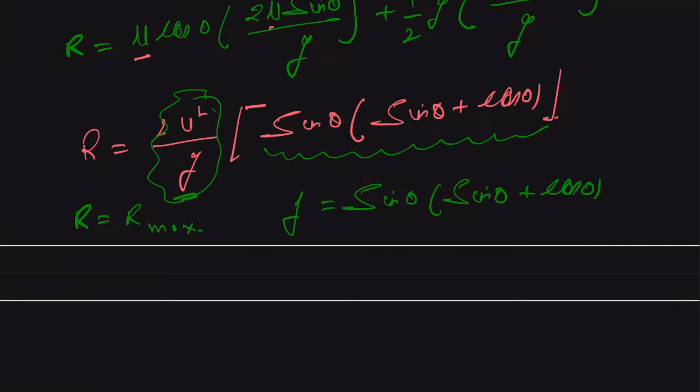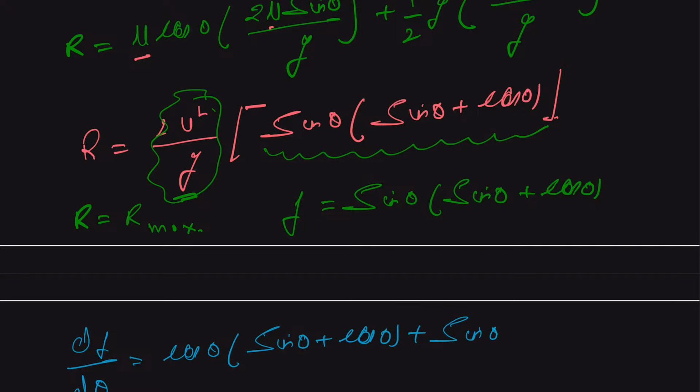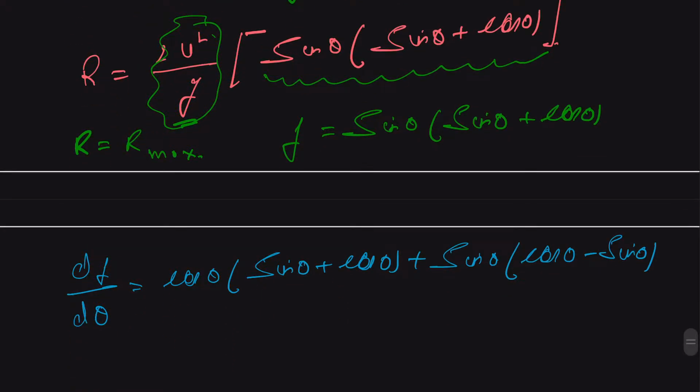So we can find the derivative of f with respect to theta, and that will give us cos theta times the second function as it is, plus sin theta times cos theta minus sin theta. And we just open the bracket now.